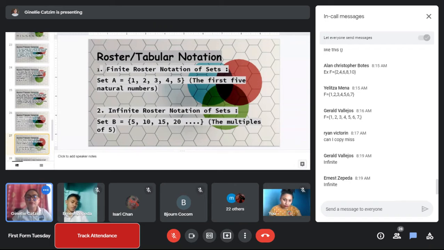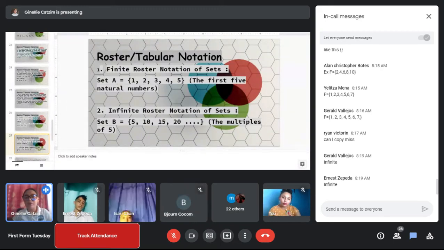But now, in infinite raster notation, set B equals 5, 10, 15, 20, and the recurring dots, right? Why? Because those are the multiples of 5. I saw for the assignment that some of you, for the multiples of 7, just left it at 70 and closed the curly bracket, right?